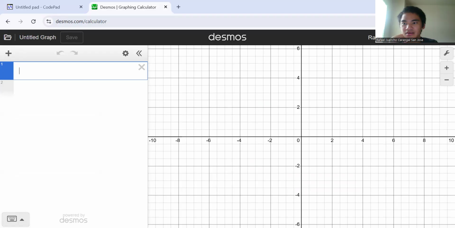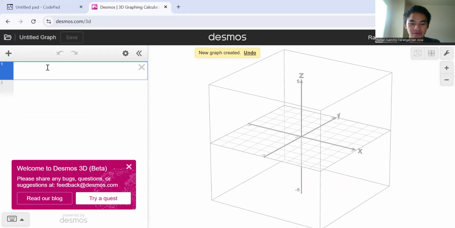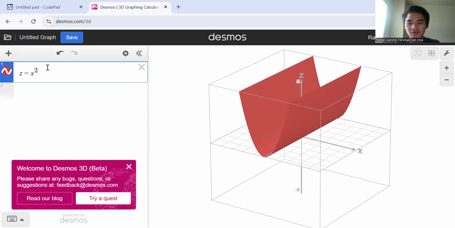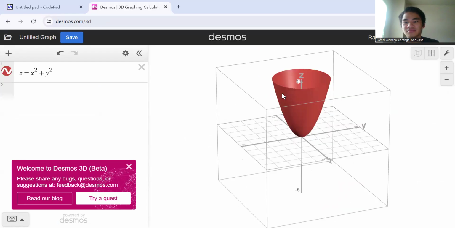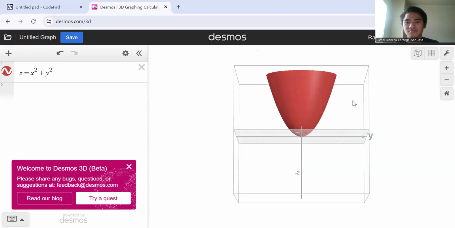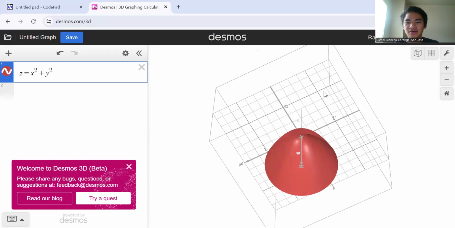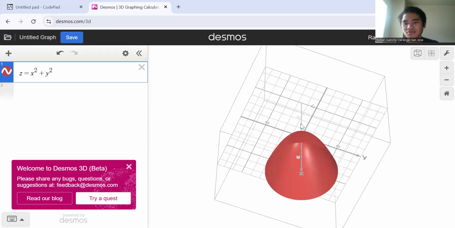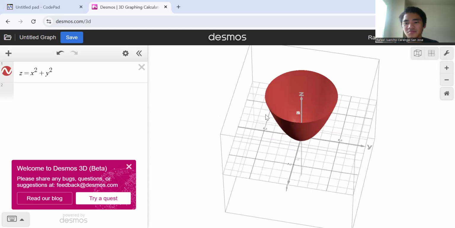Okay, where's my thing? 3D calculator. There we go. I'm gonna graph it out. So we have z equals x squared. I don't think, actually I don't think it's a. Oh, it's an elliptic paraboloid. Yeah. And so if we look exactly at my xy, what in the world? That's my positive.